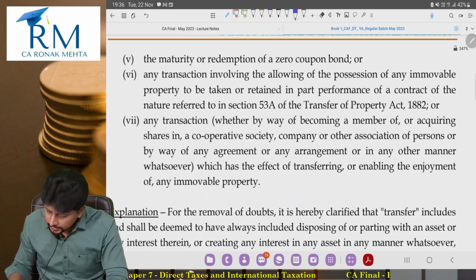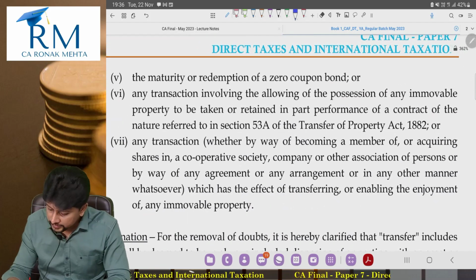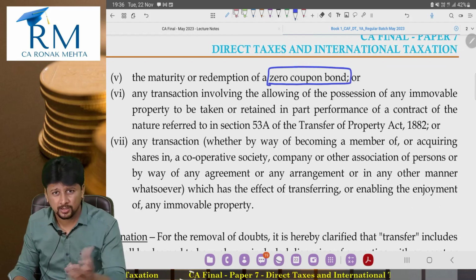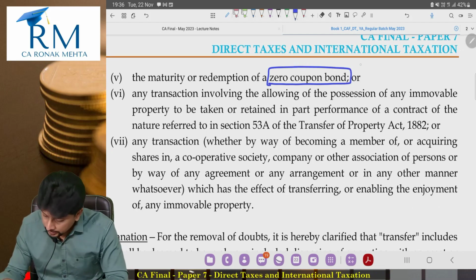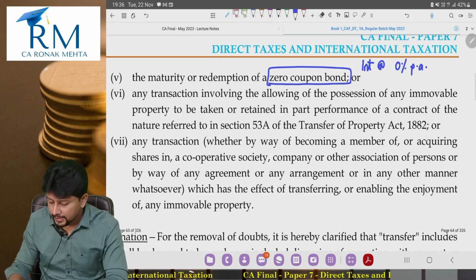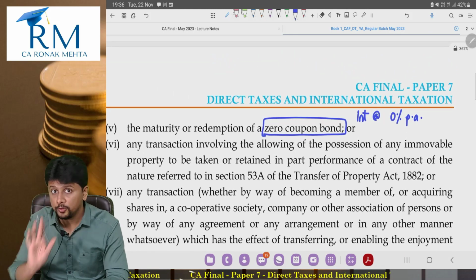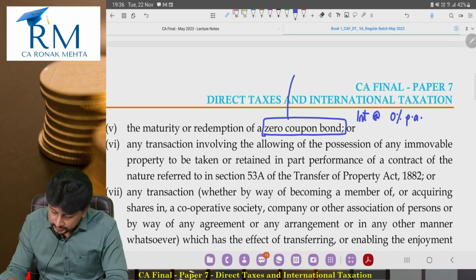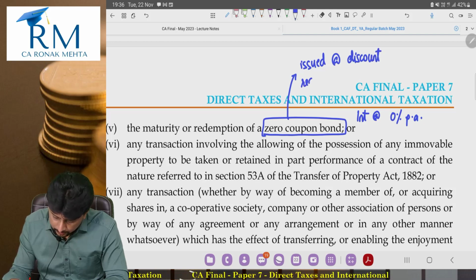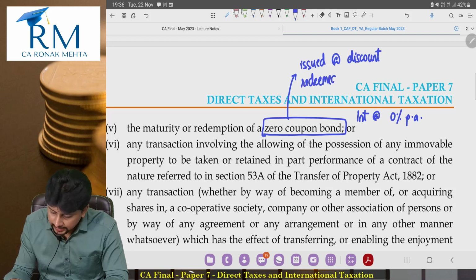Then maturity or redemption of a zero coupon bond. Just to give you a small hint about this, we are going to do this in PGBP anyway. Interest is at 0%. Even this is CA intermediate knowledge. I am pretty hopeful that you will remember this. But these zero coupon bonds are issued at a discount and they are redeemed at par.